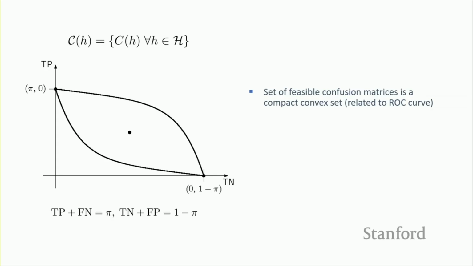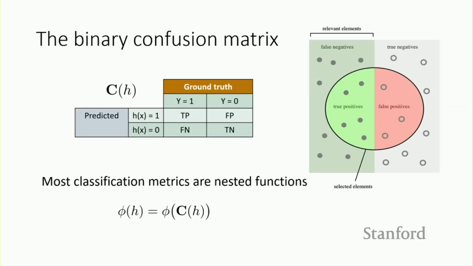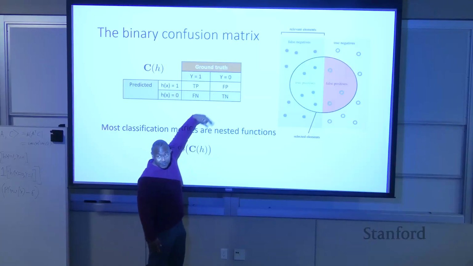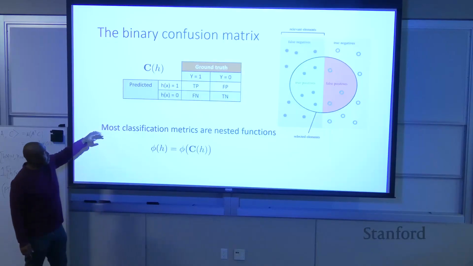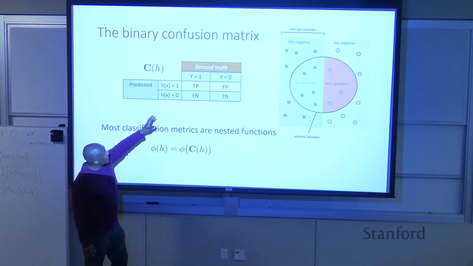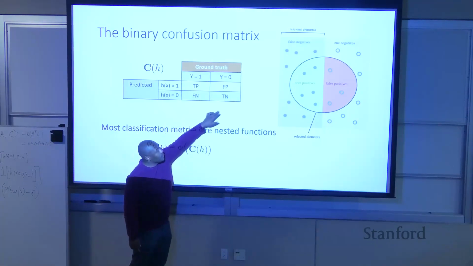Does anyone know why? You can take a quick look at the confusion matrix. You can show this a bunch of different ways, but one easy way is that the sum of TP and TN has to sum to the probability of y equals 1, which is a population constant. It doesn't depend on anything that you're doing. Similarly, the sum over this column is some constant. So independent of the classifier that you pick, even though they're 4 numbers, the 2 sums are fixed.